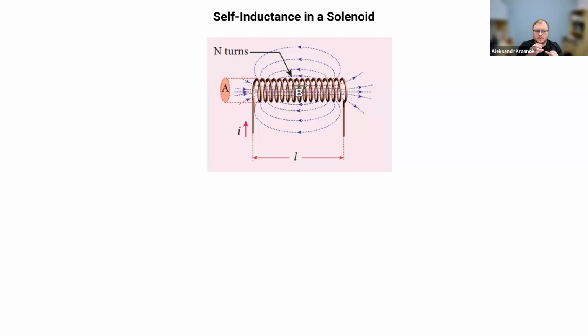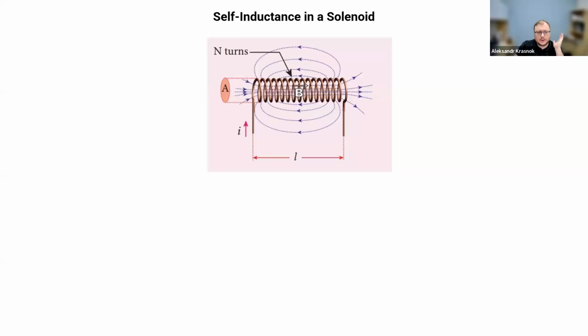So we consider the magnetic field inside the solenoid constant, or better to say homogeneous. It can change in time, in direction, but the amplitude of the magnetic field doesn't change in the lateral dimension, in the cross section.